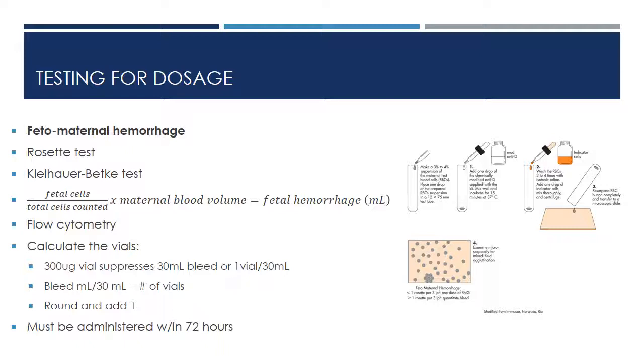You count the number of cells that you see per 2,000 of total cells, because you're going to see both cells with fetal hemoglobin, which will remain nice and red, and you're going to see maternal cells, which will kind of look like ghost cells. And you count all of them, okay? And those ghost cells, once your total cells get up to 2,000, you can figure out your percentage of the fetal hemorrhage.